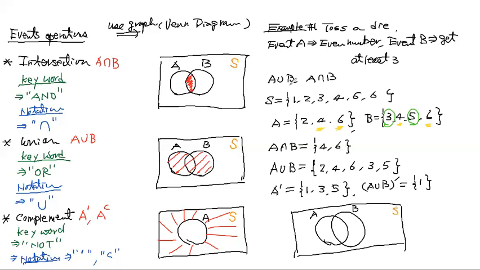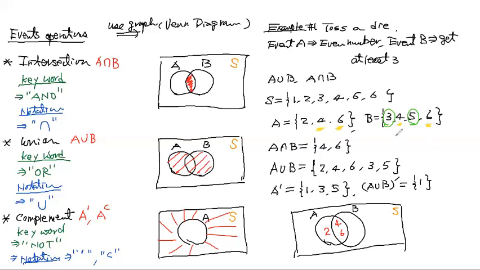The first thing we know is A intersect B is 4, 6. So 4 and 6 are going to be in here. And then let's try to fill this part here. This part is 2, right? The A is 2, 4, and 6, but the 4 and 6 belong to the overlap, so 2 is here.